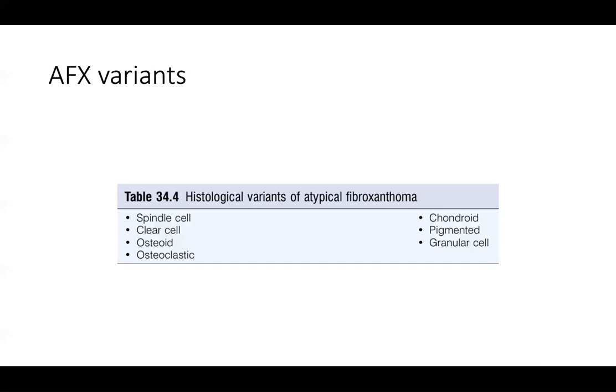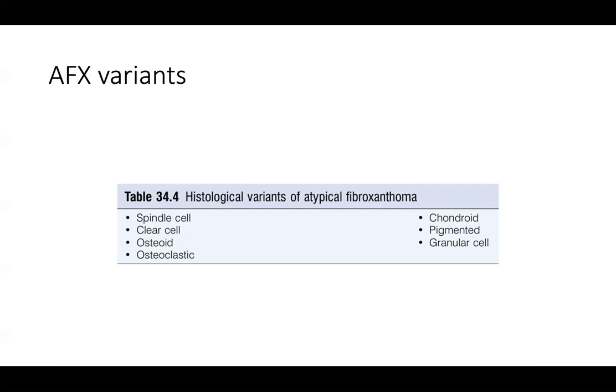But there are variants of atypical fibroxanthoma, so you can have a spindle cell variant, obviously, clear cell variant, osteoid or osteoclastic variants, chondroid variants, pigmented variants, and granular cell variants. Again, variants are just to show you how diverse biology is and how diverse pathology is. But at the end of the day, that's going to be extremely difficult to make those diagnoses.